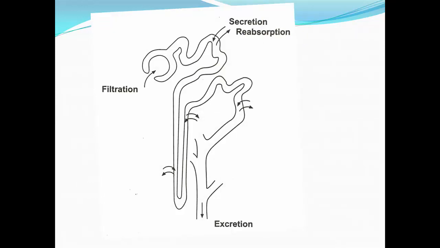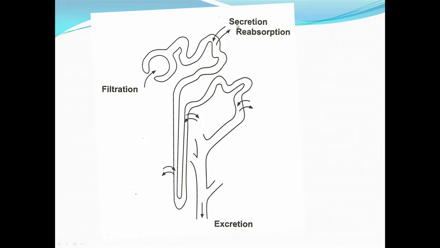So as a review, one more time, filtration is a glomerular function. Semipermeable membrane, you have to have a positive net filtration pressure, more pressure in the vascular side than in the Bowman's capsule side, Bowman's space side. Bowman's space is continuous with the tubular mechanism.